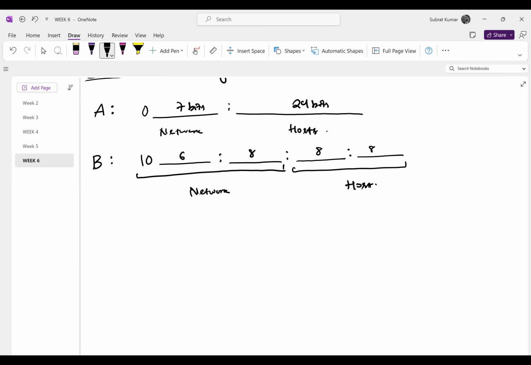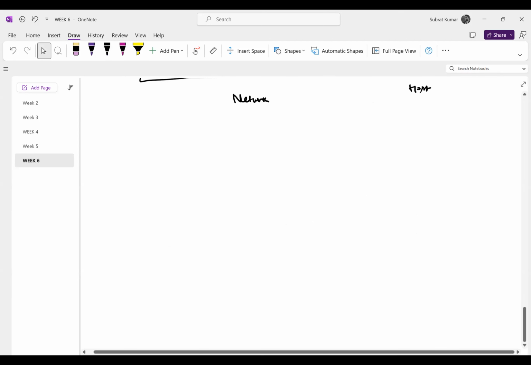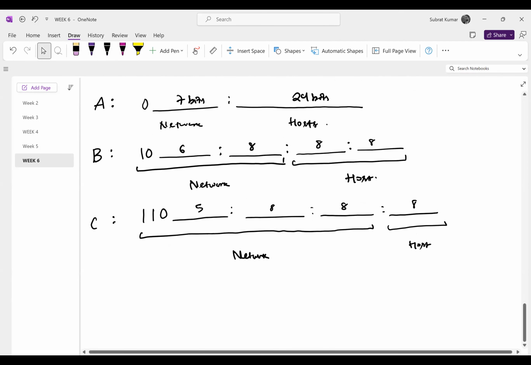Then class C, where the prefix is 1, 1, 0, and the rest is 8, 8, 8. This is all network, and this is your host.